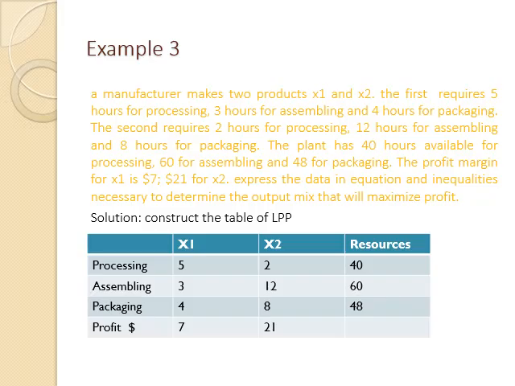Besides that, there is product X2. Obviously, to produce a certain quantity of X2, the production of X2 requires 2 hours for processing, 12 hours for assembling, and 8 hours for packing.